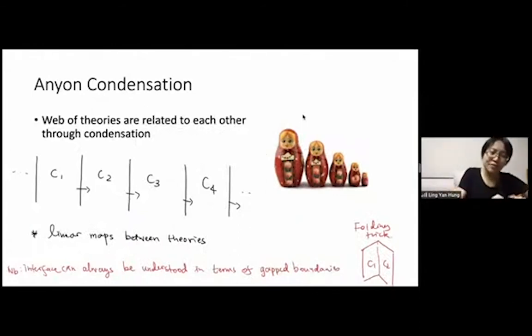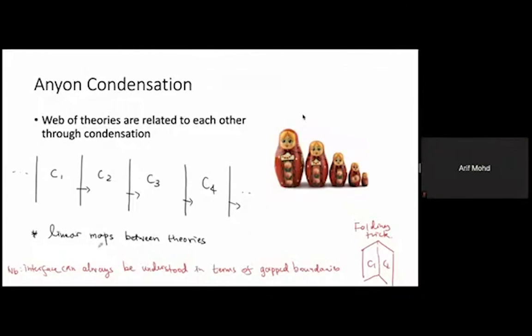You start from one theory, it condenses, it goes to a different theory, and the interface between theories would basically be described by the fusion category, where things can fuse, they're stuck along this line, and then C2 would be a new braided tensor category. If I condense it further, it can go to C3, and so on and so forth. And so it creates a web of theories.